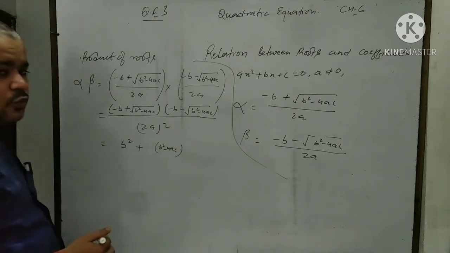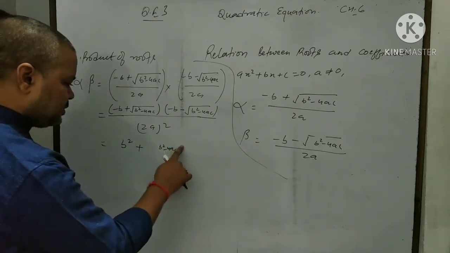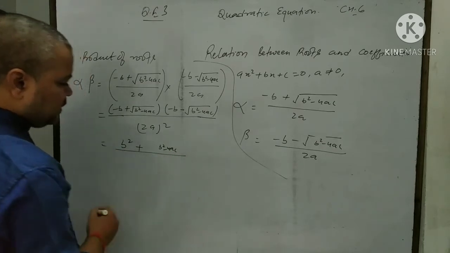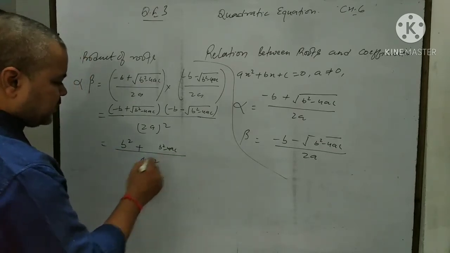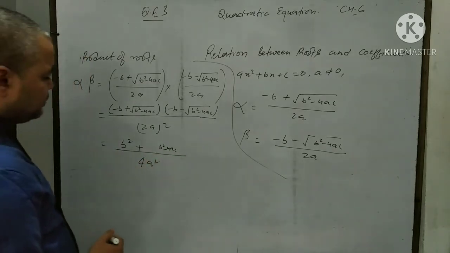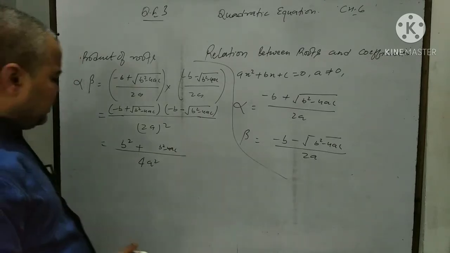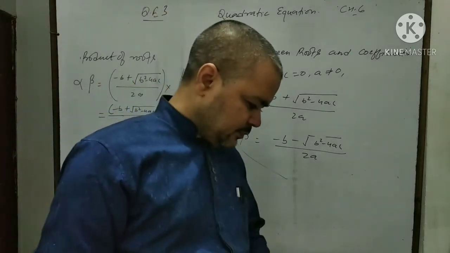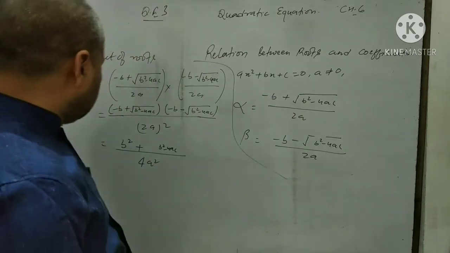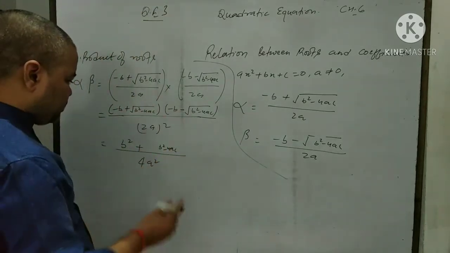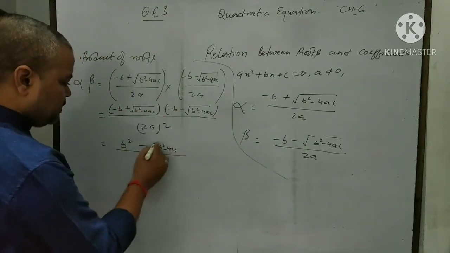Finally it will be in this form, b square minus 4ac, and remove the bracket also. Then here 4a square. It will be b square minus, since x square minus y square, it will be minus here.